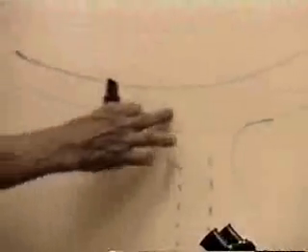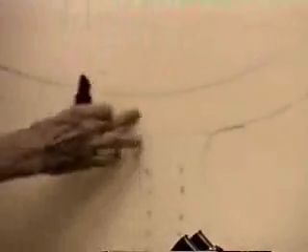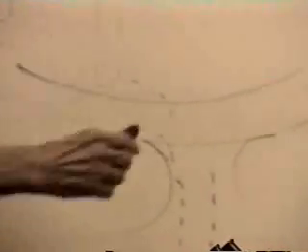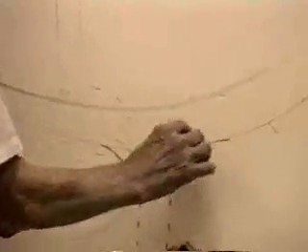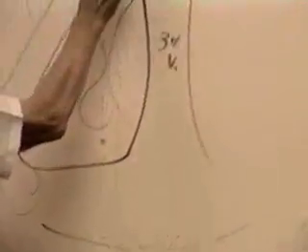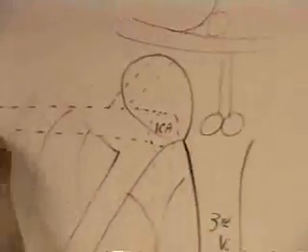Should have an opening here. Posterior cerebral. All we need is a posterior on this side. Junction right there. So here's half of the circle of Willis with the internal carotid. Middle cerebral.